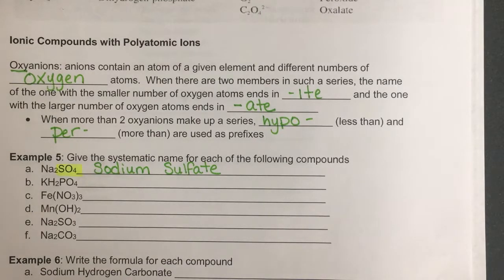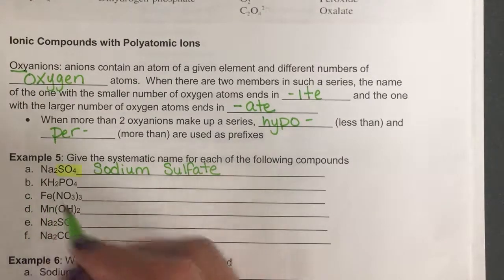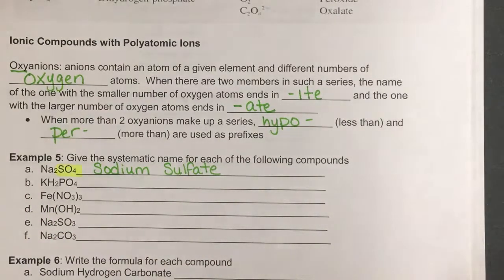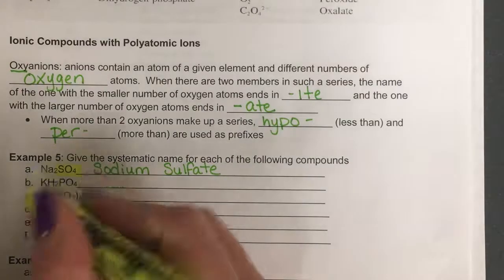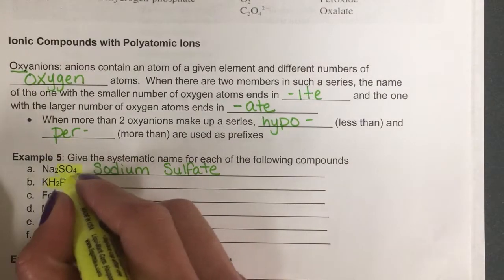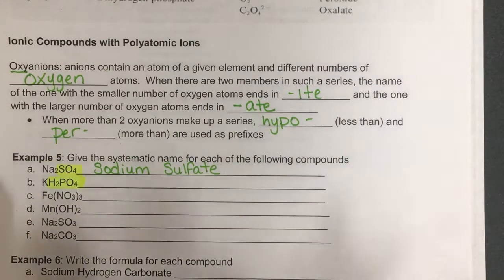Okay? So the second one's a little bit trickier, okay? Think of it as groups. I'm always going to have something that's positive and something that's negative. And my positive, I can't have more than one positive element unless it's a polyatomic ion. So this whole thing is my polyatomic ion.